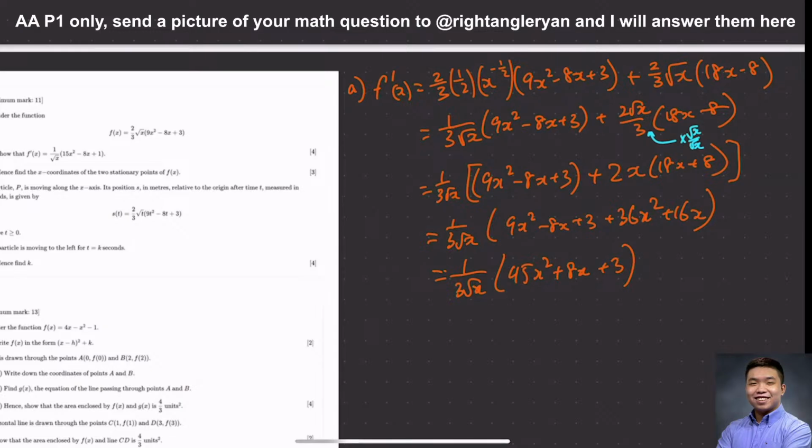Is the answer key wrong? Let me check. dx, 2 over 3 square root of x, 9x squared minus 8x plus 3.